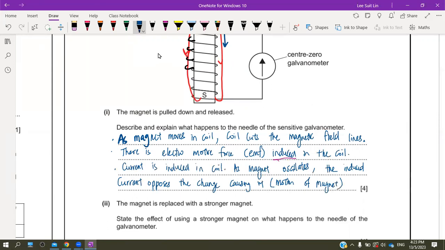So this means when you pull the magnet down, the coil will pull the magnet up. When the magnet goes up, the coil will push the magnet down. So because of this, the needle oscillates as the magnet moves.